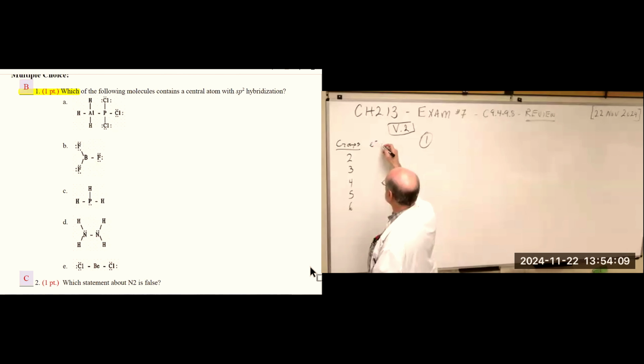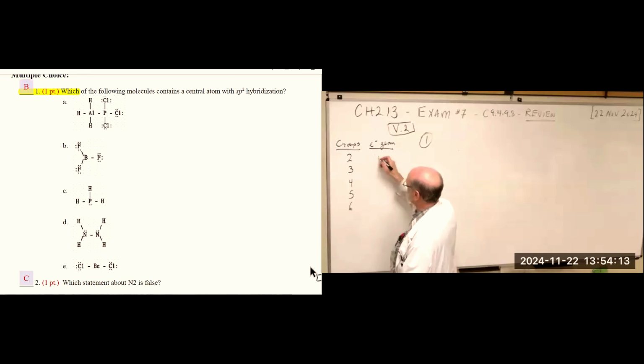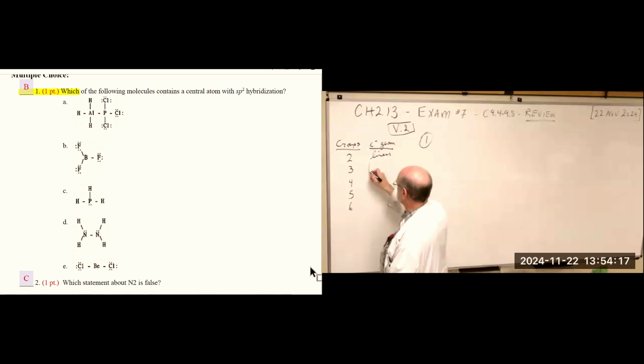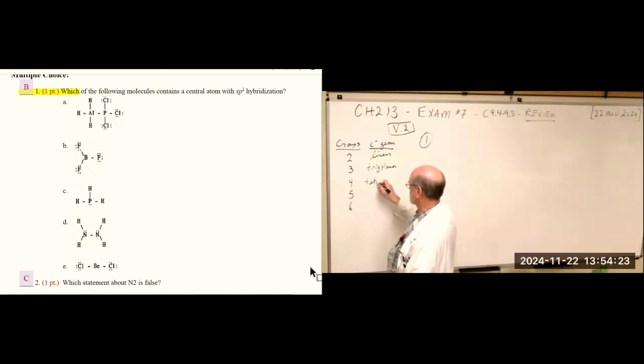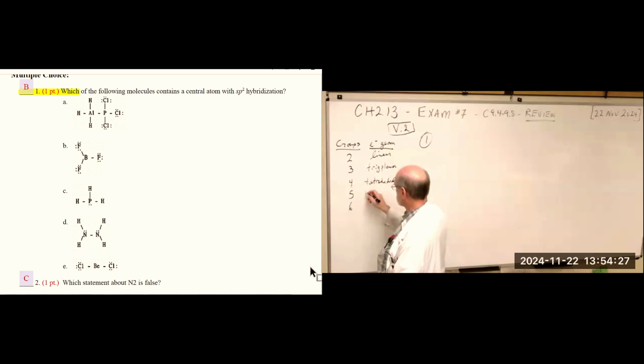And then the electronic geometry would be, for 2, linear. 3, trigonal planar. 4, tetrahedral. This is just a review. This one is trigonal bipyramid. And this one is octahedral.